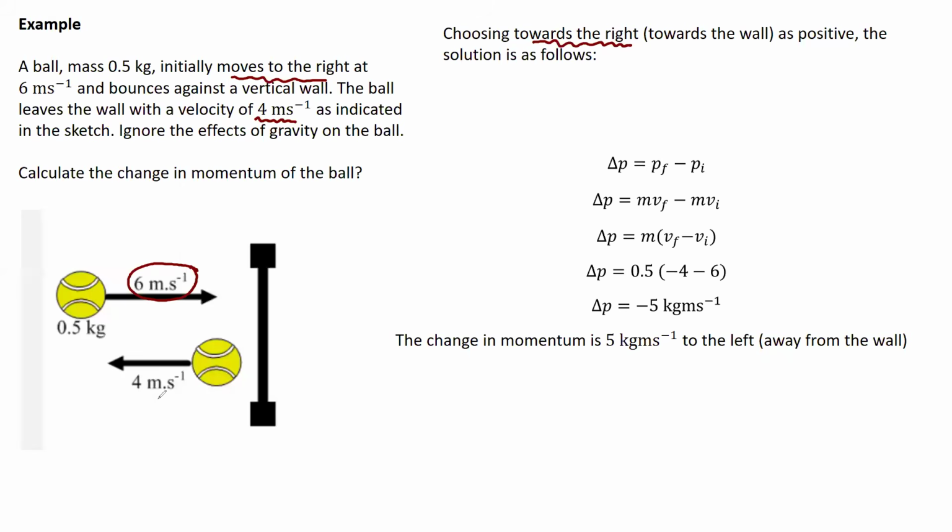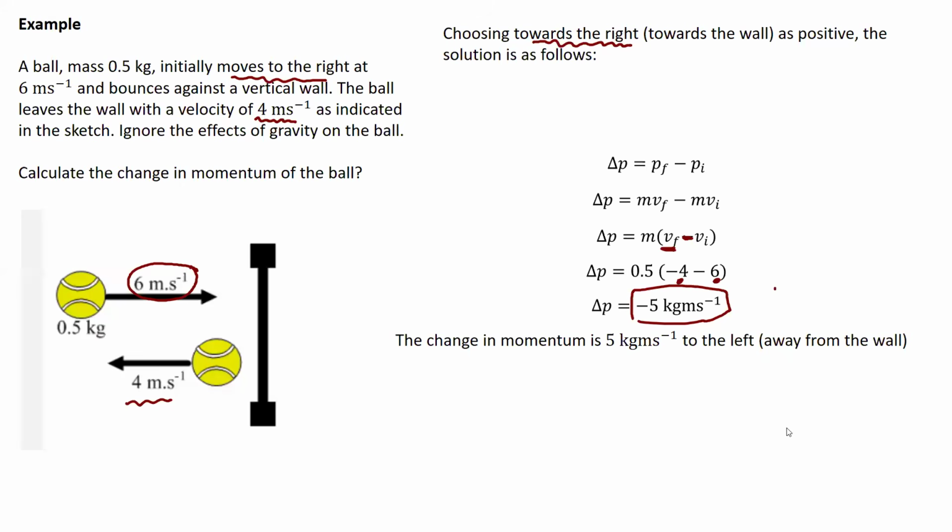Even the diagram shows it. That means, therefore, it's -4 meters per second, your vf, negative to the left. Then the minus is from the very equation. Then the 6 there, which is positive, and your mathematics gives you this value. That's how you calculate the change in the momentum.